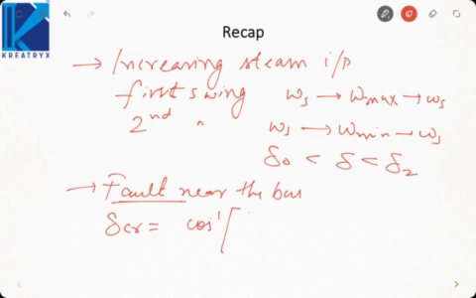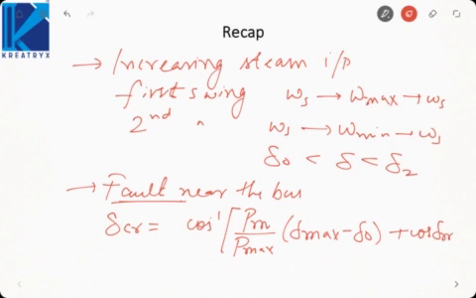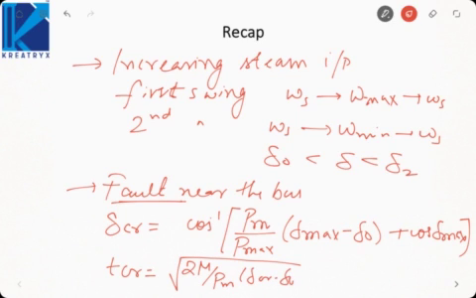It was cos inverse of Pm, that is the mechanical power, by P max, times delta max minus delta naught, plus cos delta max, and TCR, which was equal to under root 2H by Pm times delta Cr minus delta naught. Remember here Pm is the same as your PS naught, that is the mechanical input or the shaft input. So do not get confused between these two terms.